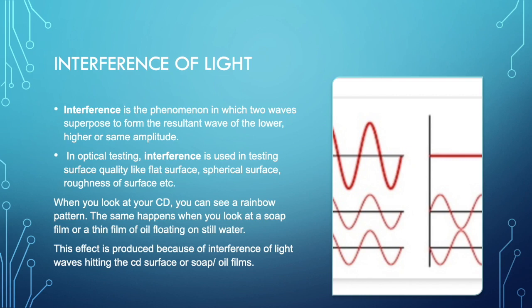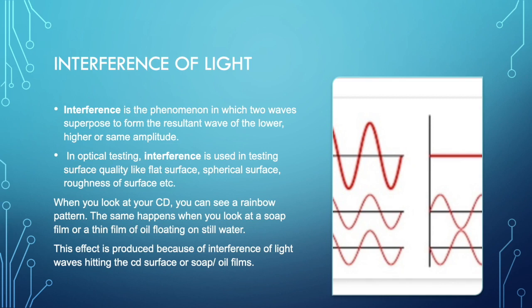Interference of light. Interference is the phenomenon in which two waves superpose to form the resultant wave of lower, higher, or the same amplitude. In optical testing, interference is used in testing surface quality like flat surface, spherical surface, roughness of surface, etc. For example, when you look at your CD, you can see a rainbow pattern.